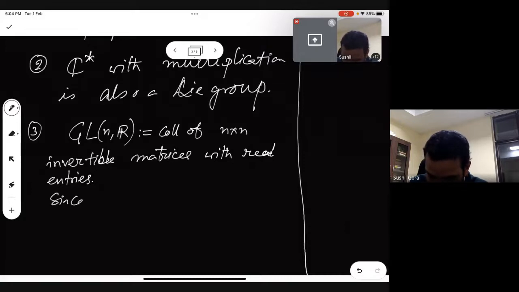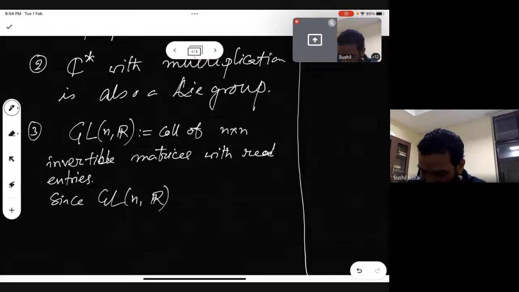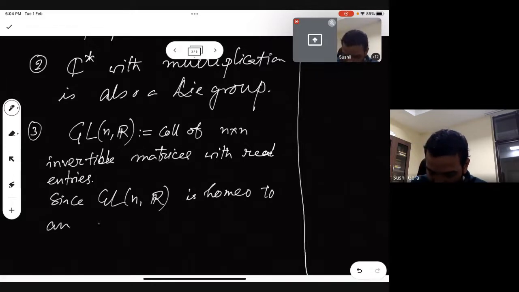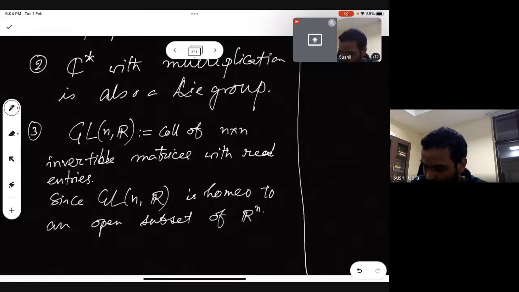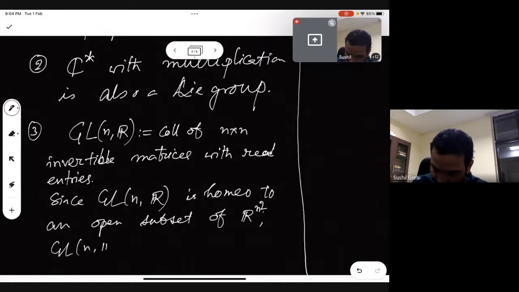Since GLnR can be thought of as homeomorphic to an open subset of Rn square, GLnR is a smooth manifold.